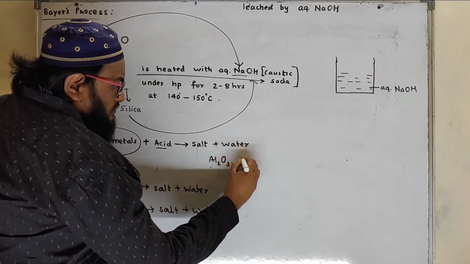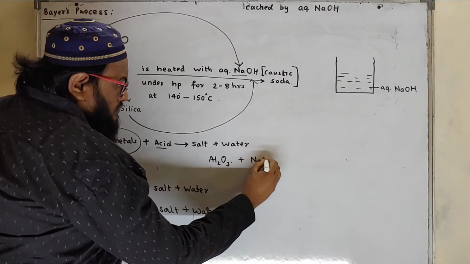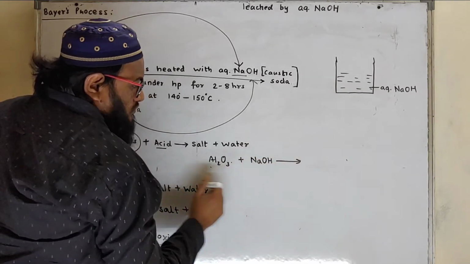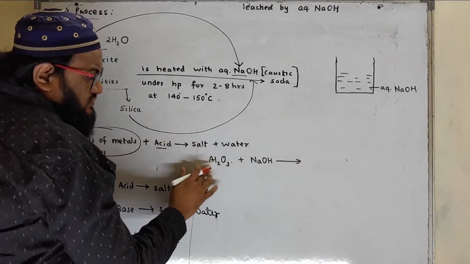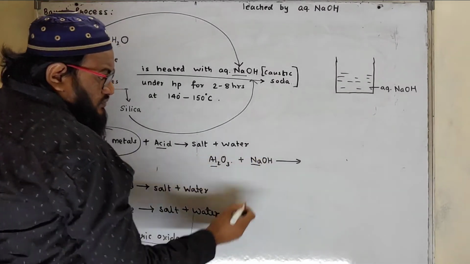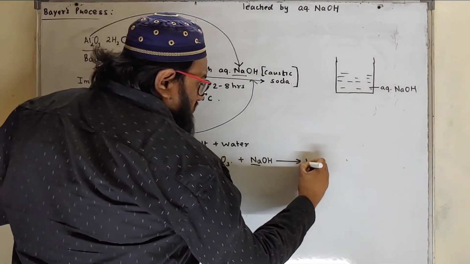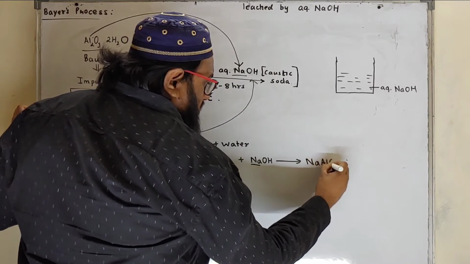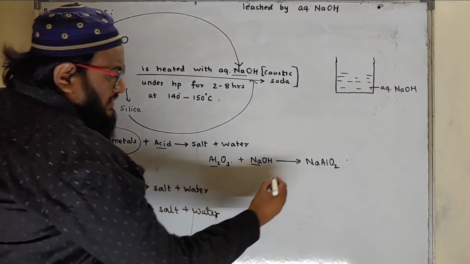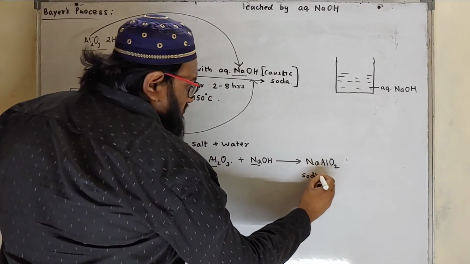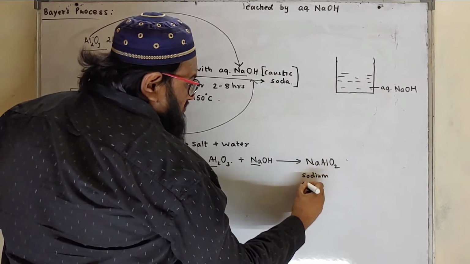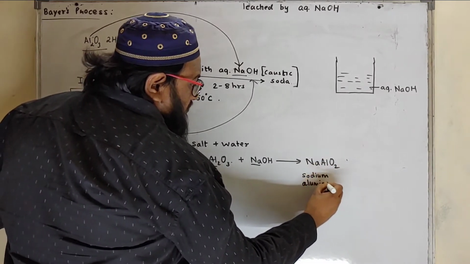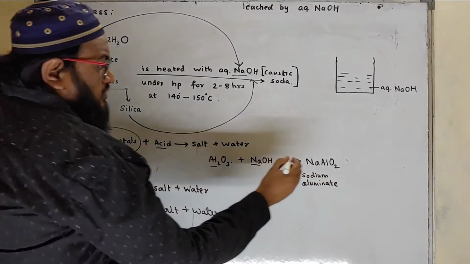Al2O3 reacts with base to form salt. Here the salt will be NaAlO2, that is sodium aluminate, and water.